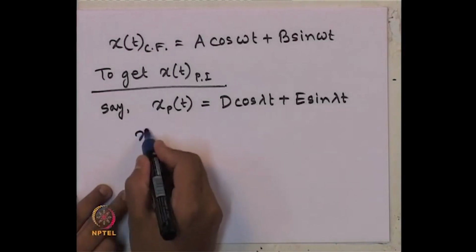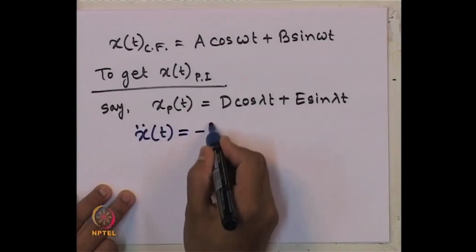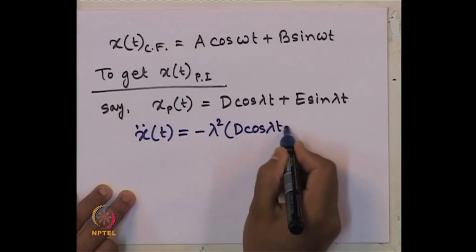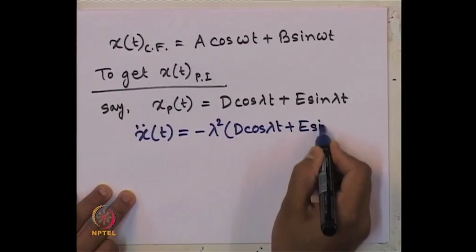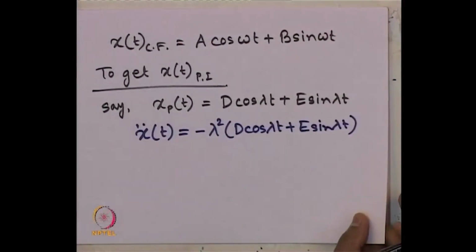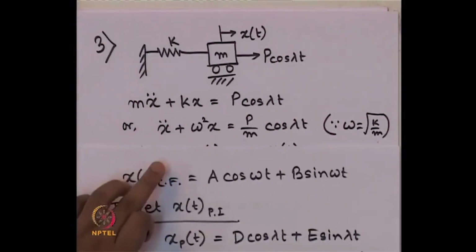So, it will give us x double dot of t as minus lambda square times d cosine of lambda t plus e sine of lambda t.